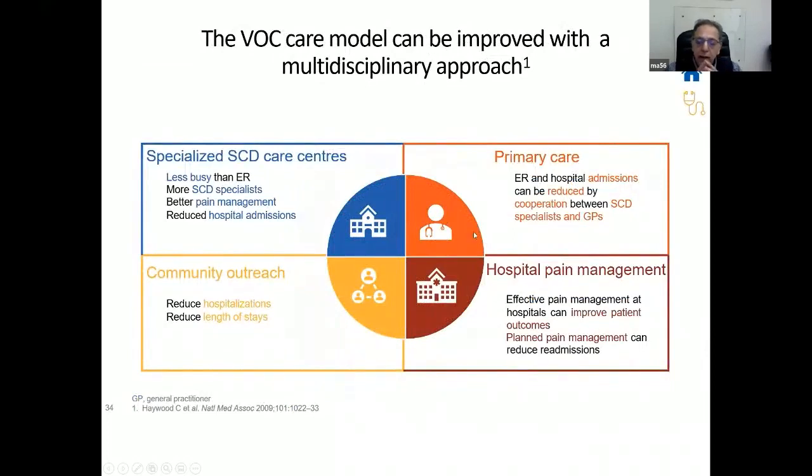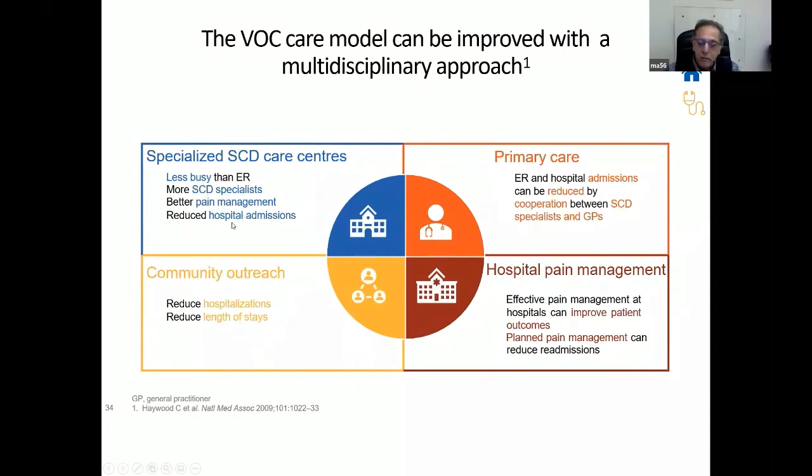Now, the care model for vaso-occlusive crisis that we have definitely can be improved with a multidisciplinary approach. This entails specialized care centers, less busy than the ER, with more sickle cell disease specialists.